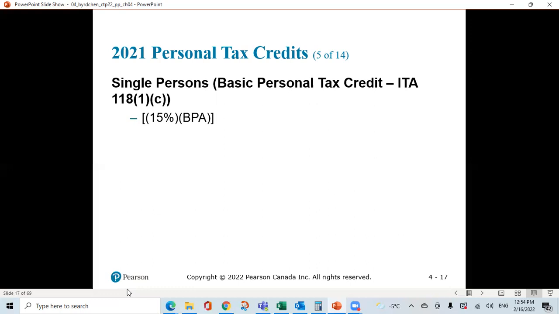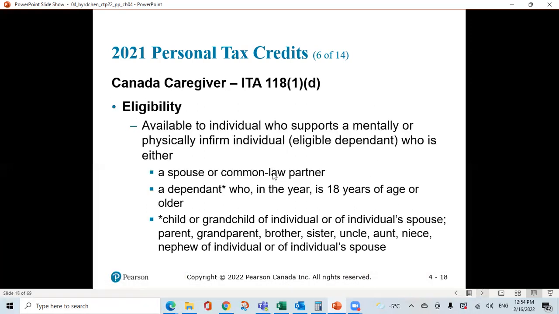So Jason can claim a credit against the tax payable by using 15% times, because it's lower than the third bracket. So he can claim that extra amount, $13,808, right? So 15% times $13,808. Then that is how you calculate. Simple, very easy, straightforward for a single person. Now for the Canada Caregiver, that's a little bit tricky part.